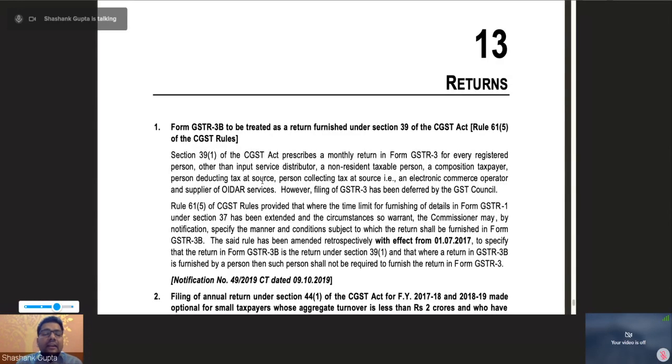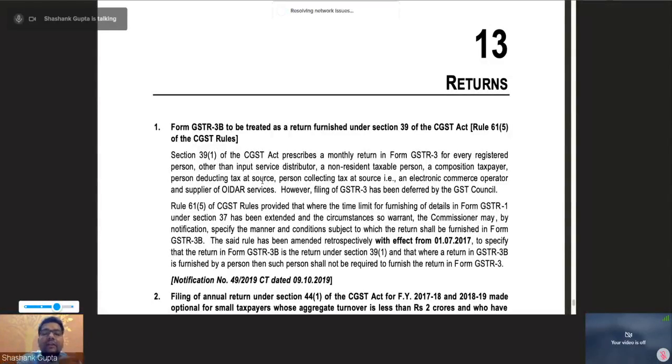And the case said that because GSTR 3 is the proper return, and since no GSTR 3 has been filed, the time limit, you remember, for every year, the last date to make any amendment is the due date of filing.